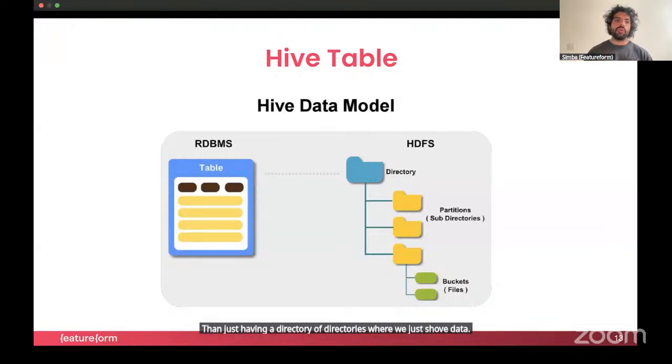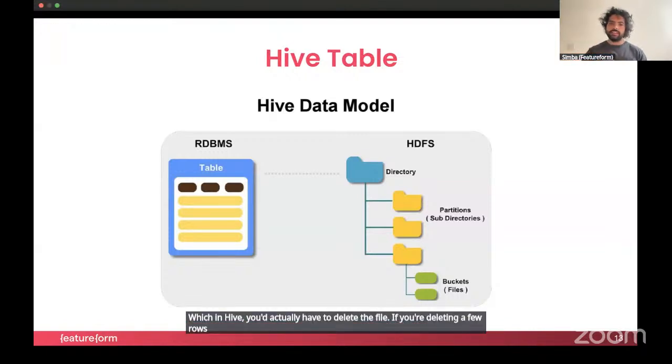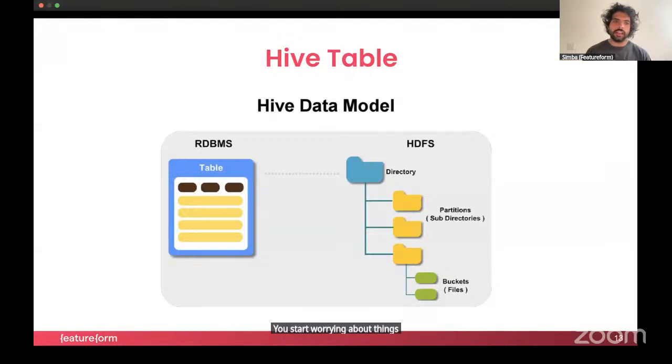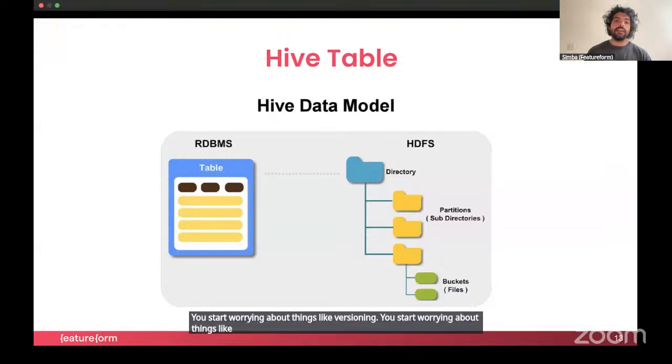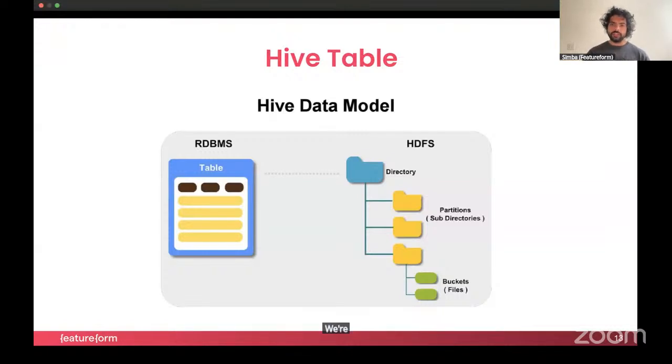It's really important when you start thinking of things like deletes, which in Hive, you'd actually have to delete the file. If you're deleting a few rows, you'd have to rewrite the entire file. You start worrying about things like versioning. You start worrying about things like consistency, where with Hive, making sure your table is consistent when you have multiple writers can be really complicated.